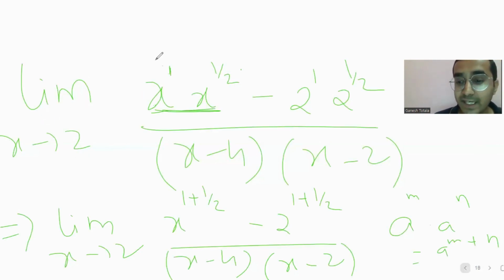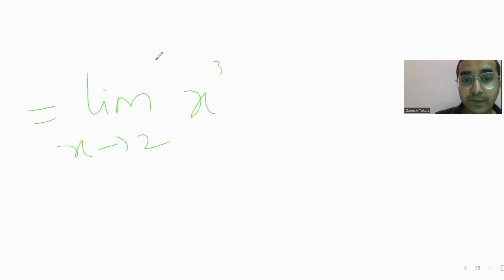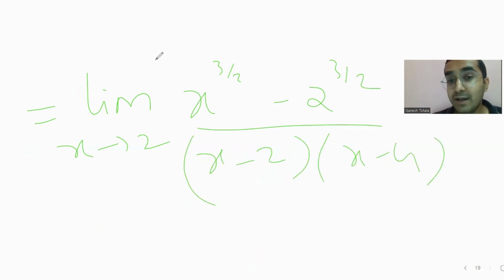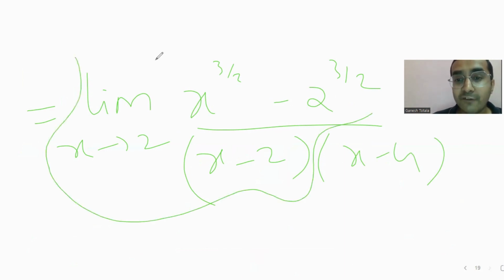So this will be limit as x is tending to 2 of x raised to 3 by 2 minus 2 raised to 3 by 2 divided by x minus 2 into x minus 4. To use this formula, x raised to n minus a raised to n upon x minus a, I'll apply the limits formula for this.